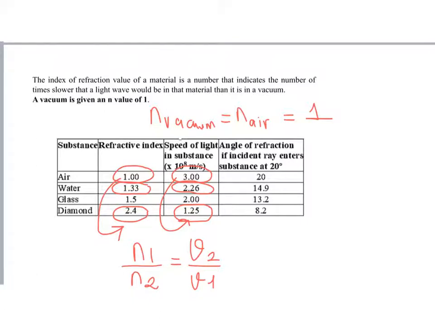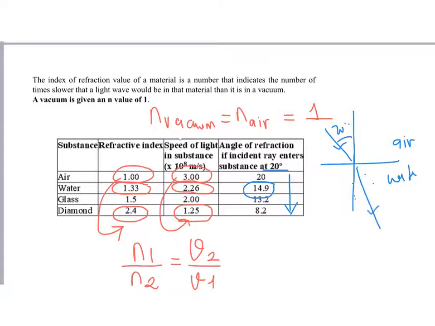Also in this part, be careful about the third column. As the refractive index increases, the amount of refraction increases too. For example, let's say light is coming from air to water with an angle of 20 degrees. It will bend towards the normal with an angle of refraction 14.9.